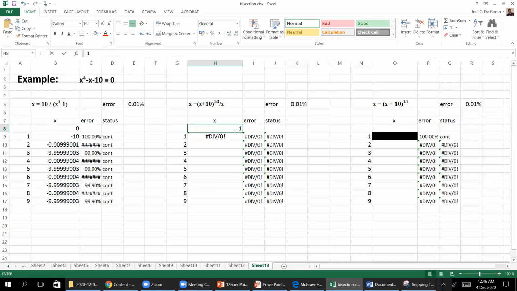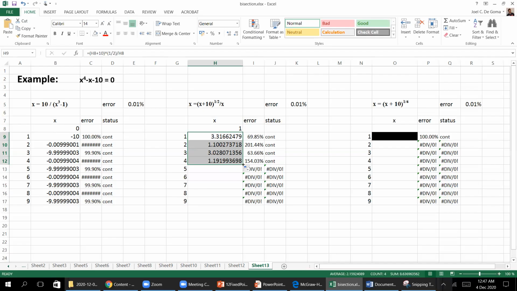So let's change it and use 1. We have 3.31. Substitute it to our equation. We have this. Substitute it again. This. As you can see, unlike the first equation, here there is a big change. Even though it alternates 1, 3, 1, 3, 1, 3, on the decimal part there is a significant change.